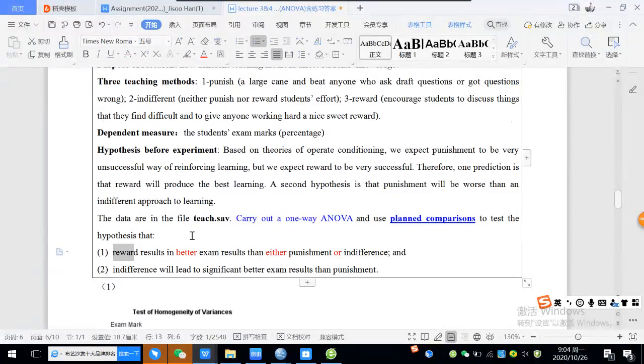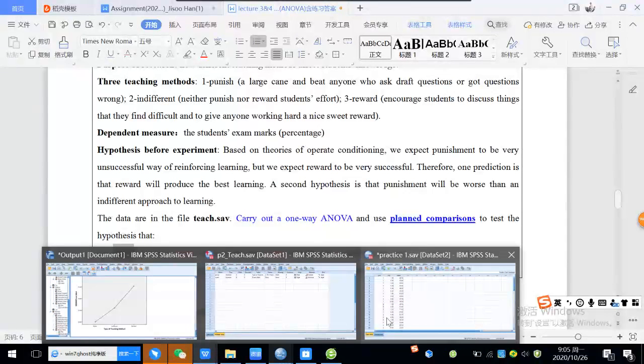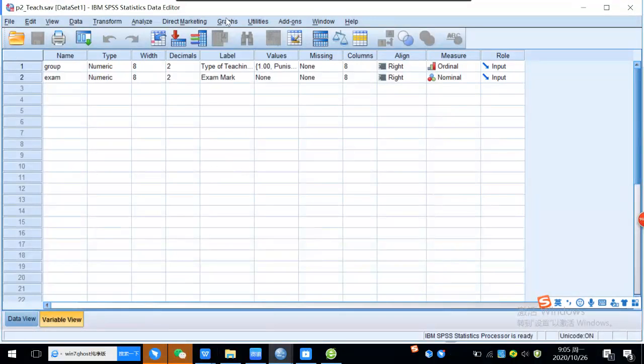So the coefficient of reward will be 0. Indifference, better, so indifference is 1. Punishment minus 1. Because level 1 is punishment, then punishment is minus 1. Indifference is level 2, then the coefficient is 1. And reward is level 3, so reward here is 0. Minus 1, 1, 0. Okay.